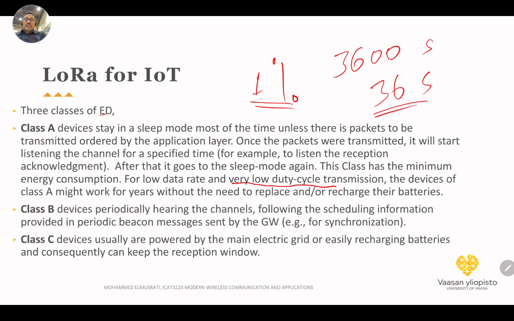Class C devices are usually powered by the main electrical grid, so we don't have any issues with power. For example, a smart meter connected to the utility, so in that case we don't have a power problem.